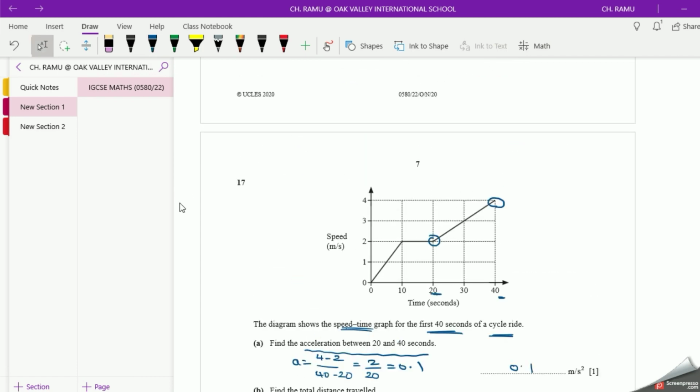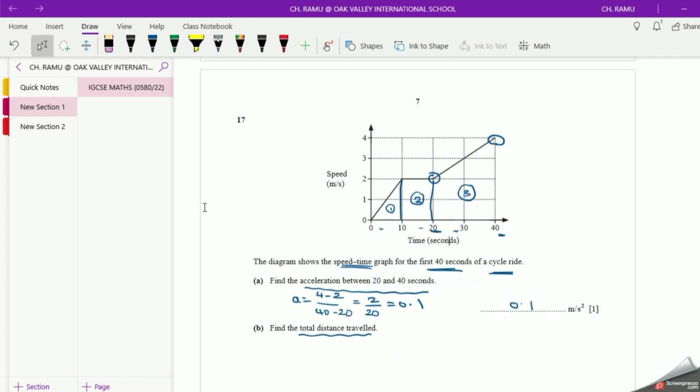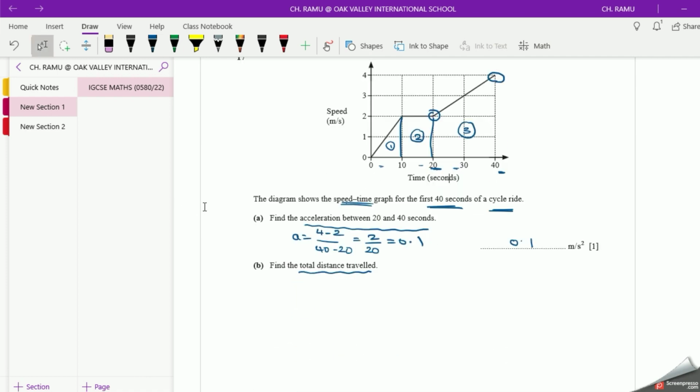Now the question: find the total distance traveled. To find the total distance traveled, we have to divide the diagram. Take the first part, second part, and third part. Find the area of the first part plus second part plus third part, which will give you the total distance covered.